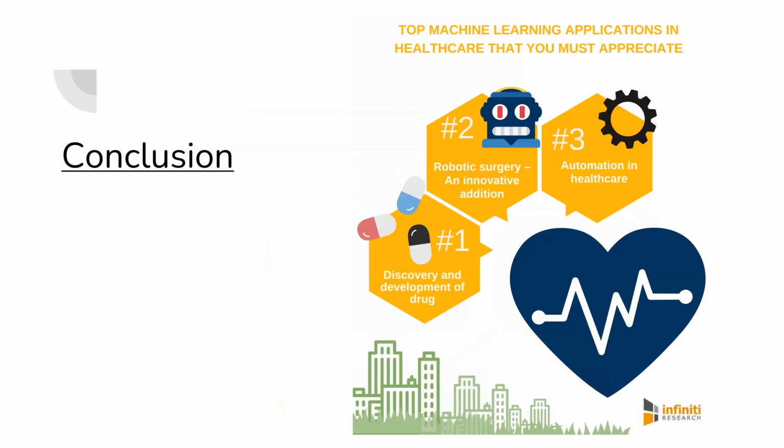So, in conclusion, machine learning has shown its crucial importance and role in various departments. The top uses of machine learning in healthcare can be considered as the following: drug development, finding fraud cases, detecting poison in the body, robotic surgery, and automation in surgery.